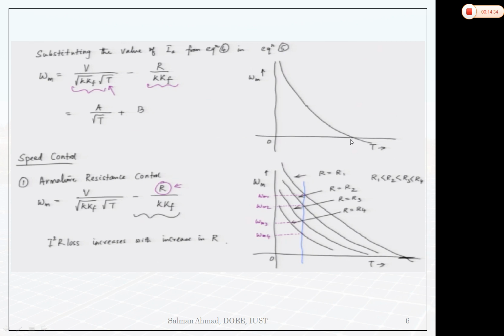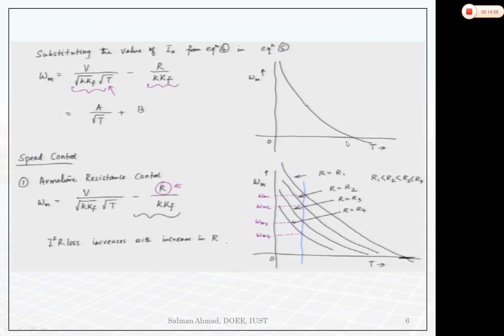So it is intersecting here. You can find what that point will be. You equate these two and find the torque value. Just equate this equal to 0 and solve for the torque value, and you will get the torque value corresponding to 0 speed.